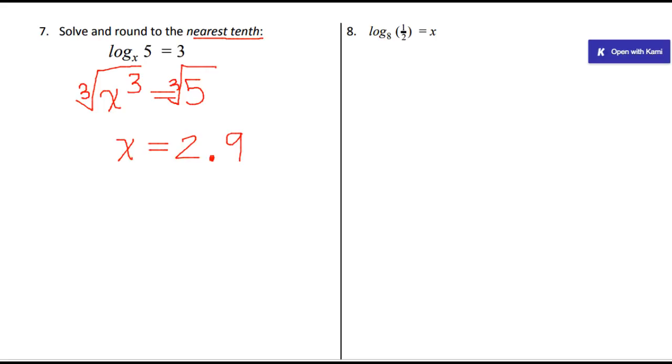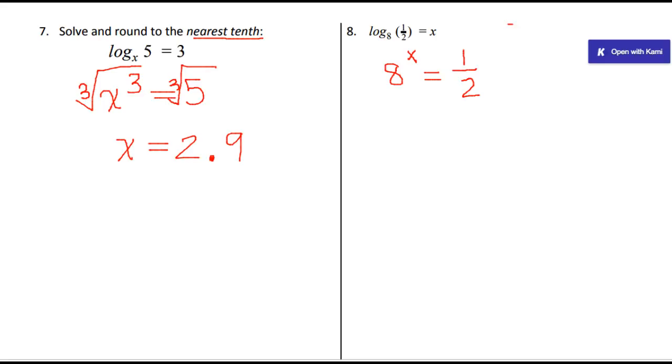So for number 8, we're going to write this in exponential form. So it's going to be 8 to the x equals 1/2. So now you need to think to yourself, how do I make the 8 become something with a 2? So you want to keep in mind that 8 is related to 2 because 2 cubed is 8.